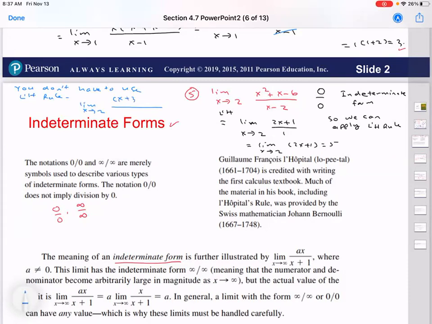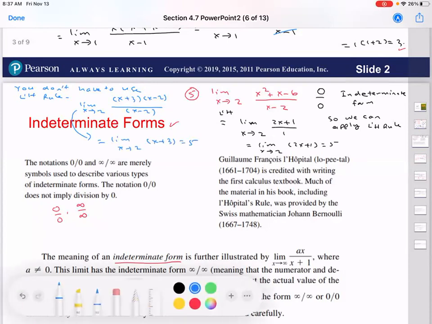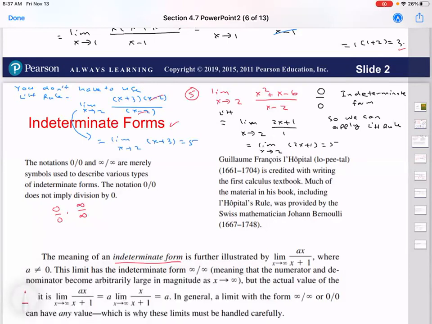What do you get? x plus 3 times x minus 2 divided by x minus 2. The x minus 2 cancels out. So what is left? It is 5. You can do that also. Do you understand this?